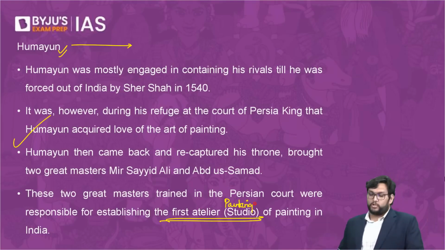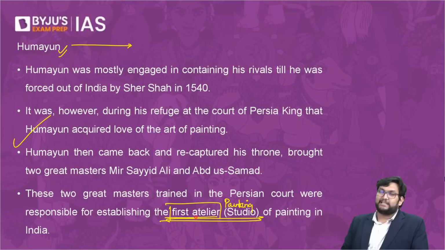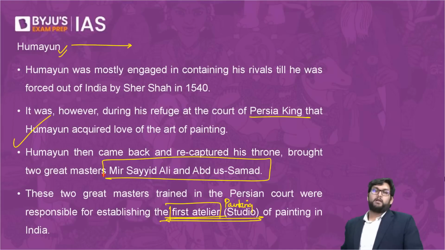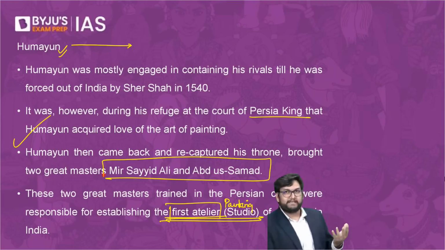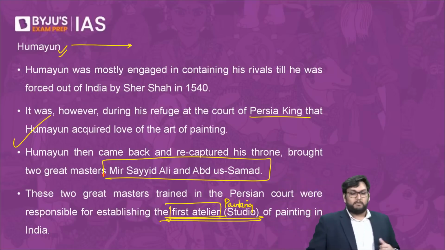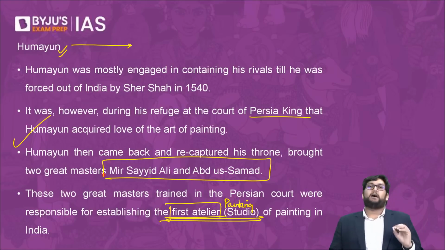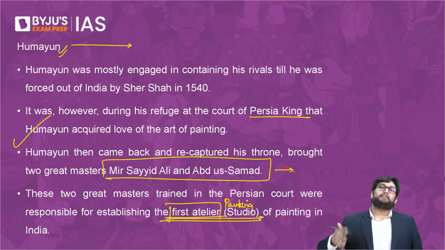A painting studio, which is called the first atelier. Atelier is the technical terminology for a painting studio itself. And he brought with him two masters of painting, or painting teachers, Mirza Sayyid Ali and Abdus Samad. These two people will become the pioneers in producing paintings in India.